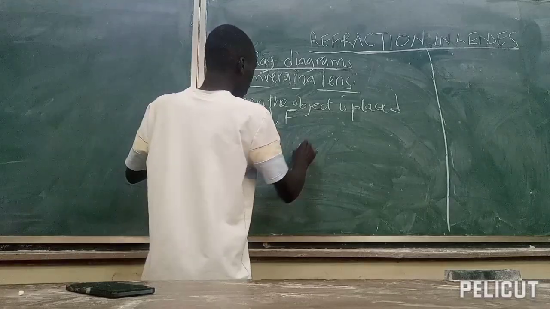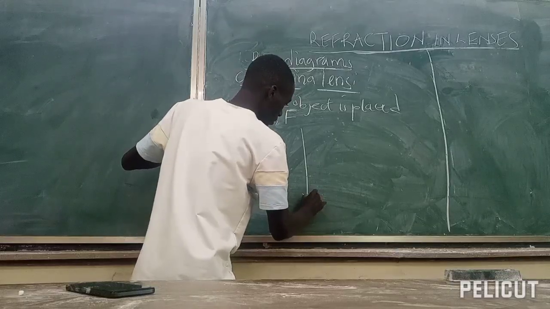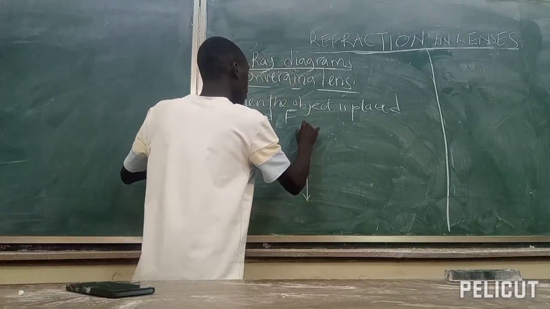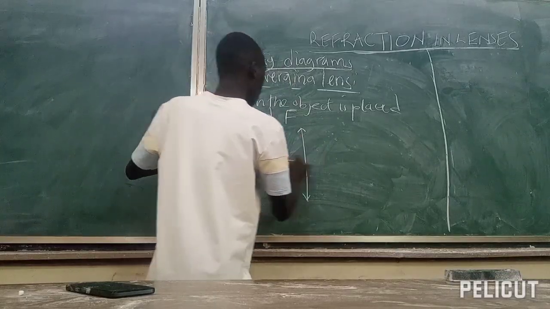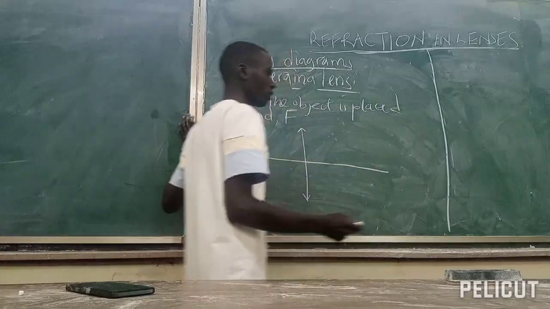So we can have our lens. You can draw it like this, you can represent it like this. My axis, the principal axis, as you saw in the reflection.